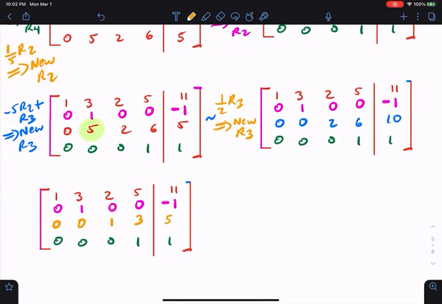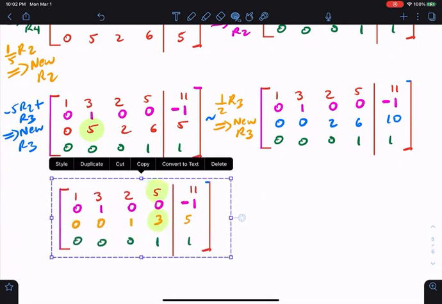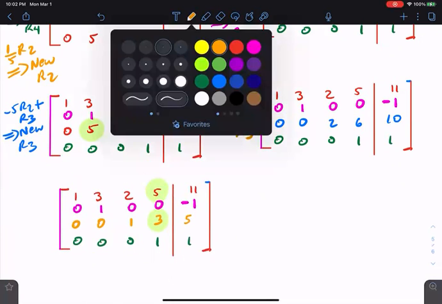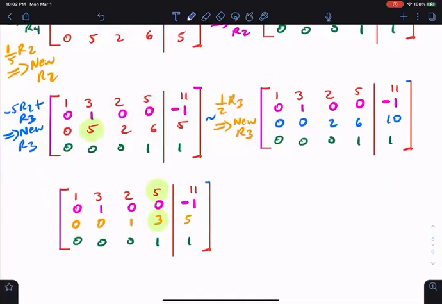Okay. So what's next? I need to get the zeros here and here. We can do multiple steps because we have a pivot on the last row, and that's pretty easy to do after that. So let's see. We can multiply -3 row 4 plus row 3, and that will give me the new row 3.